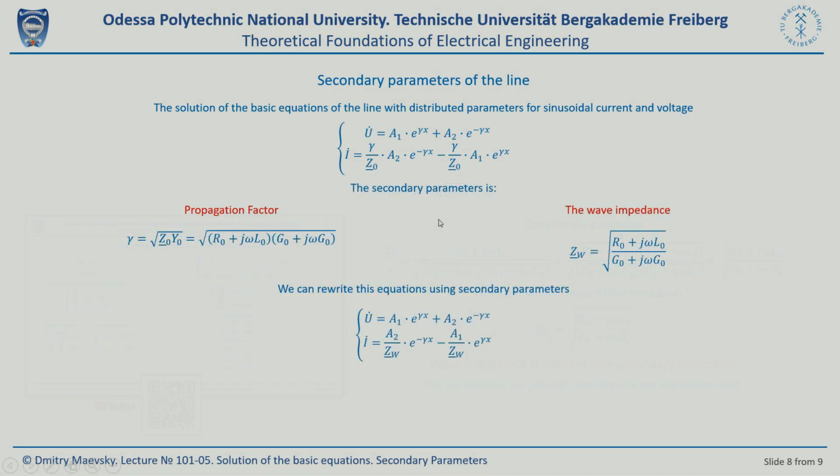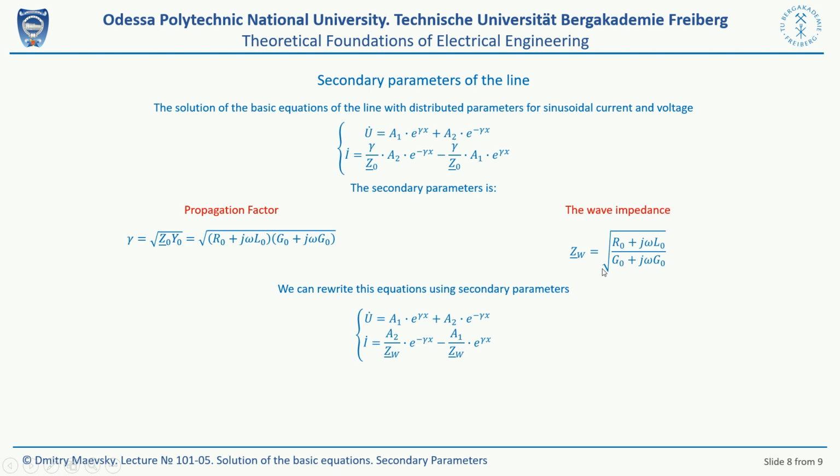Thus, in addition to the four primary parameters, the line with distributed parameters is characterized by two more secondary parameters. These parameters are the propagation factor and the wave impedance.